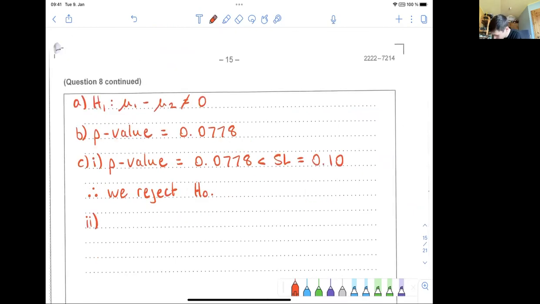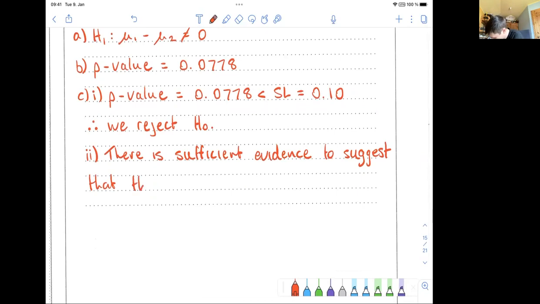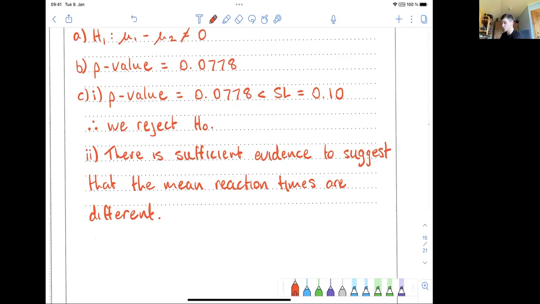A bit of a standard way to start these off is to say there is sufficient evidence to suggest that the mean reaction times are different. And then we have the answer to question 8.